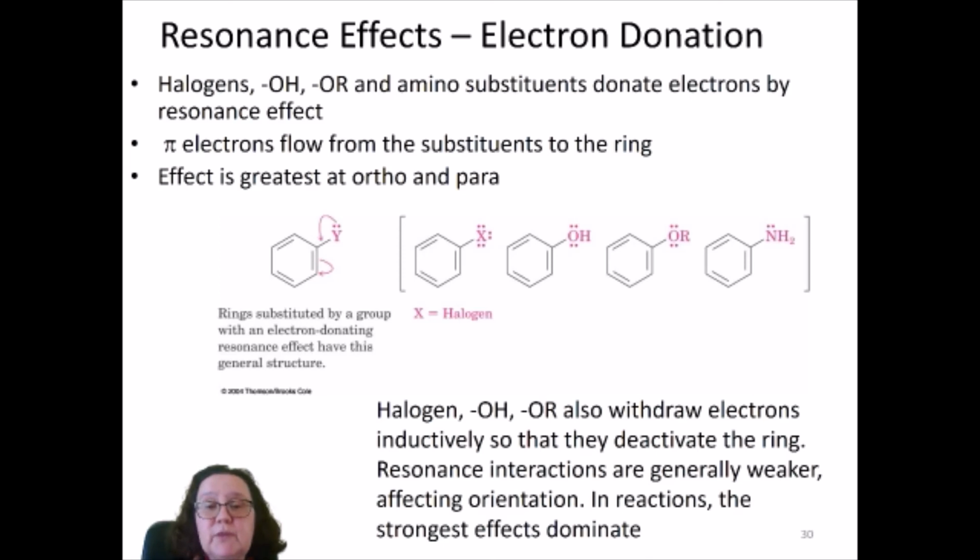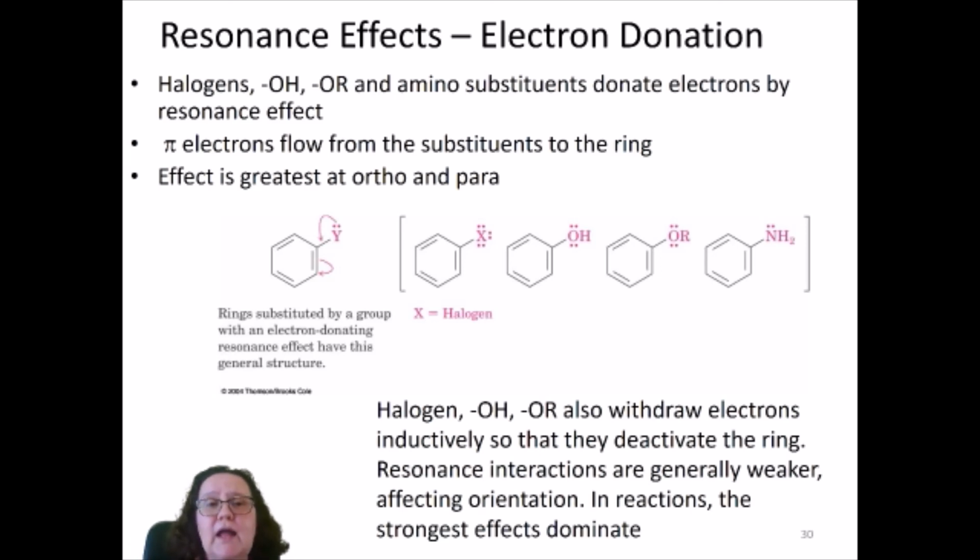Sometimes you can have inductive effects and resonance effects in the same functional group. Sometimes they add to each other, like in the case of the carbonyl group, and in others they go against each other.